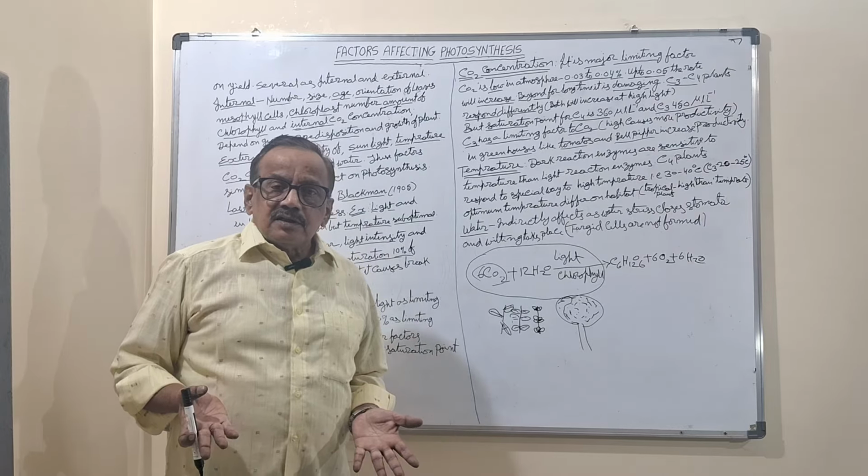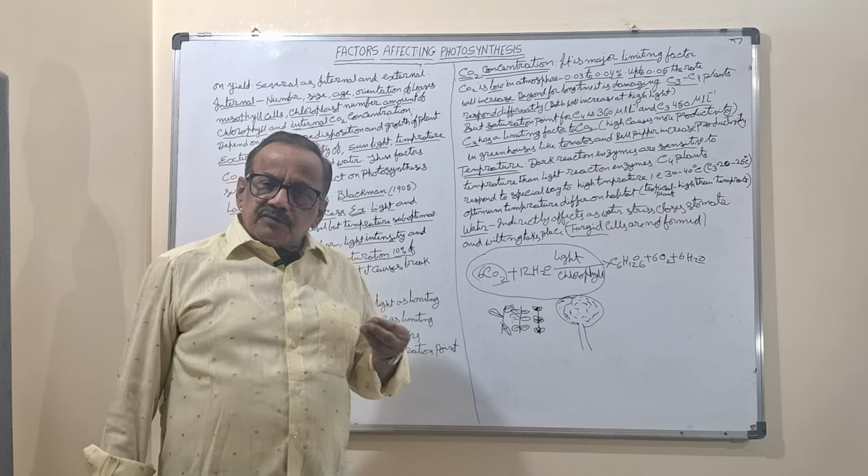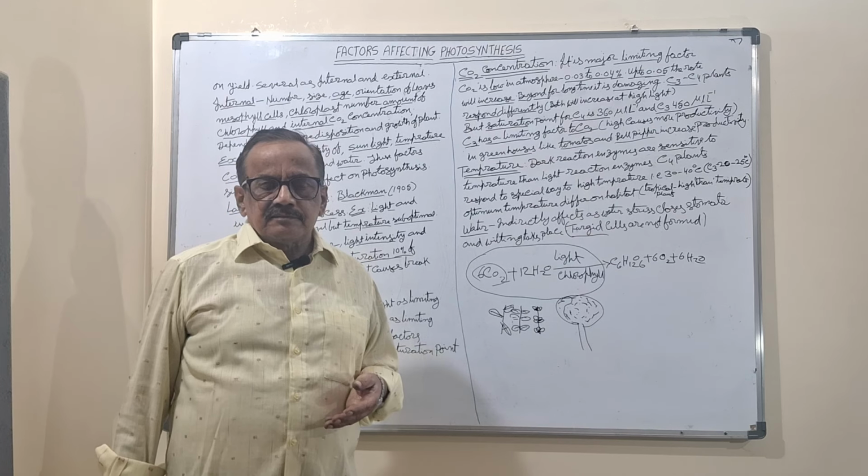Here, I am giving one more piece of information. Please note it down. Chances are there to ask in the NEET. Turgid cells. What is a turgid cell? Because of osmosis, the water solvent will enter into the low concentration with some pressure, osmotic pressure.